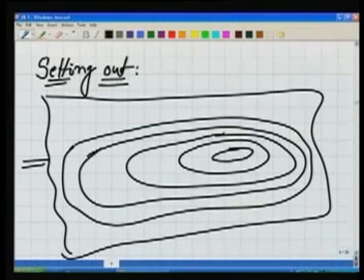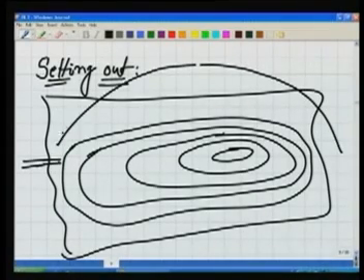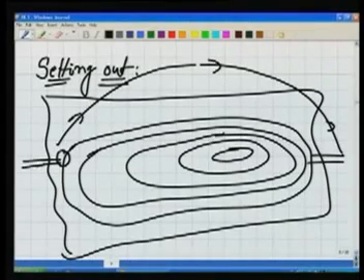Now a decision is taken that this railway line, instead of going from outside this way, should pass through a tunnel in this hill, and it will exit here. So the decision has been taken now about the point of entry and about the point of exit, and now in between there is the hill.